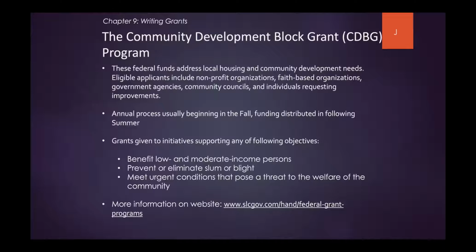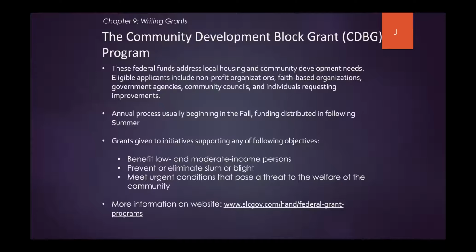The process is annual, usually beginning in the fall, with funding distributed the following summer. Grants are given to initiatives usually supporting objectives such as benefiting low and moderate income persons, preventing or eliminating slum or blight, and meeting urgent conditions that pose a threat to the welfare of the community.